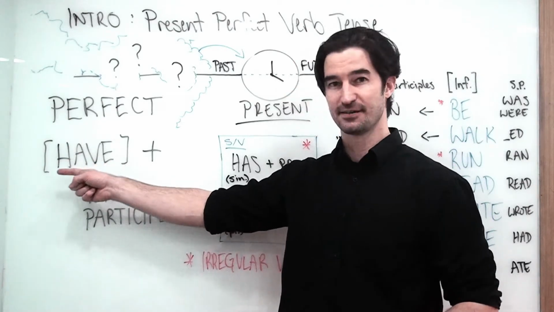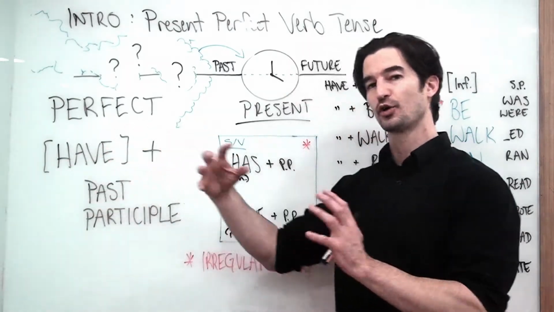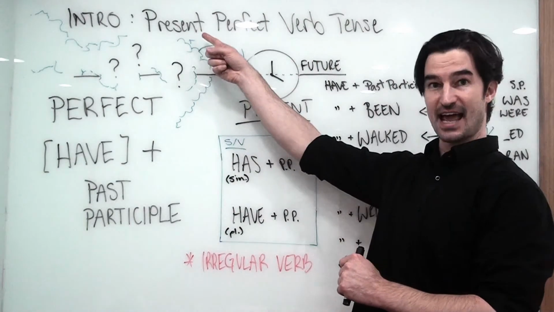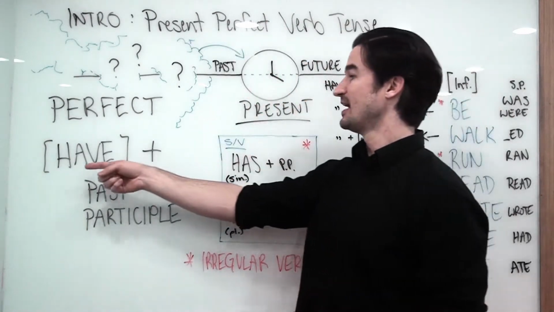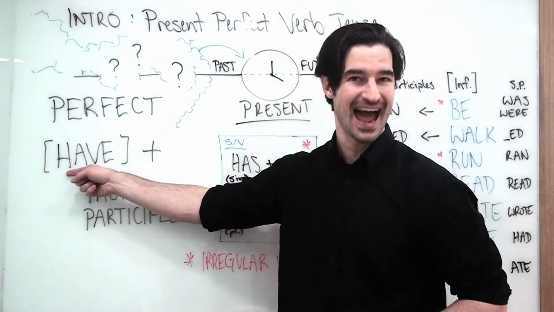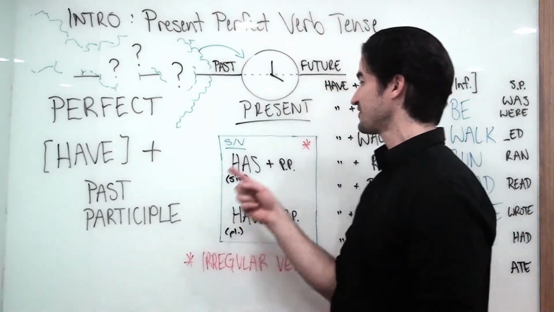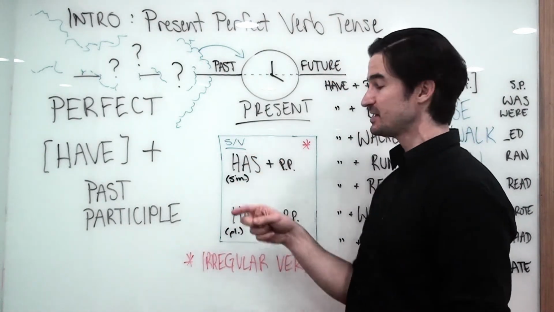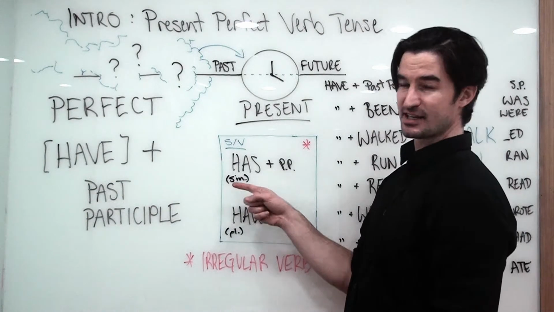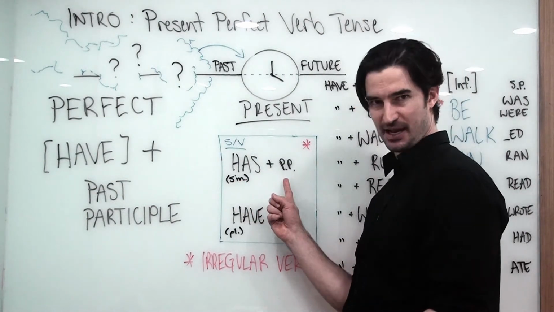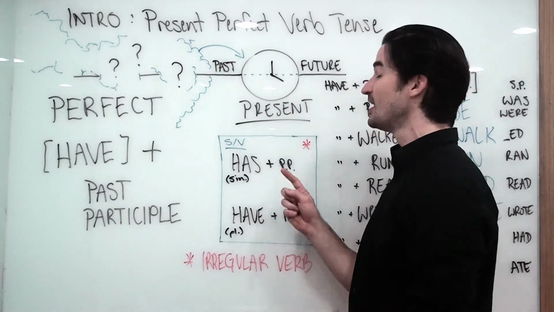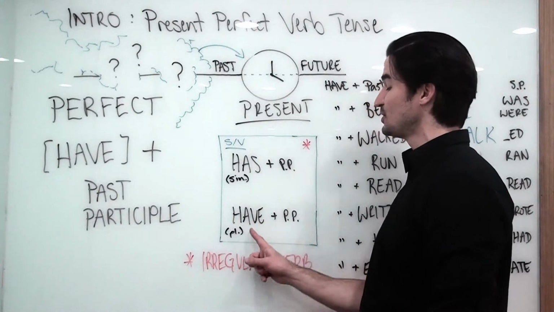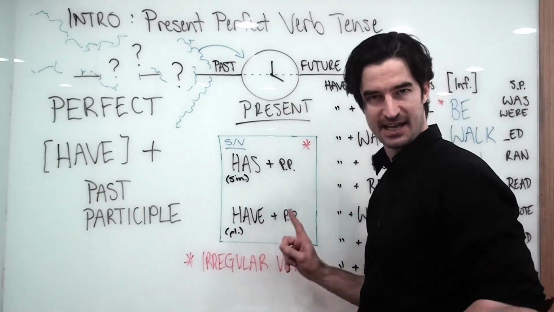And this is the verb that's going to change according to the general tense or time. So in the past perfect, you would use had. In the present perfect, you have to be aware of subject-verb agreement. For a singular subject, you would use has plus the past participle. I'll get to that. And for a plural subject, you would use have plus the past participle.